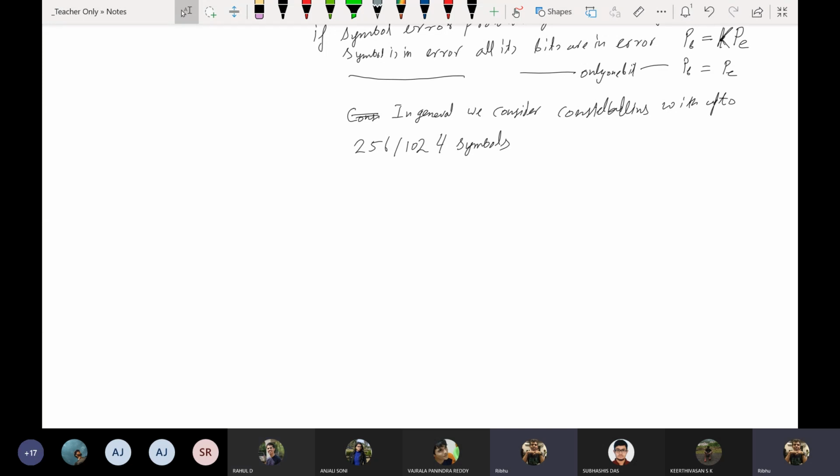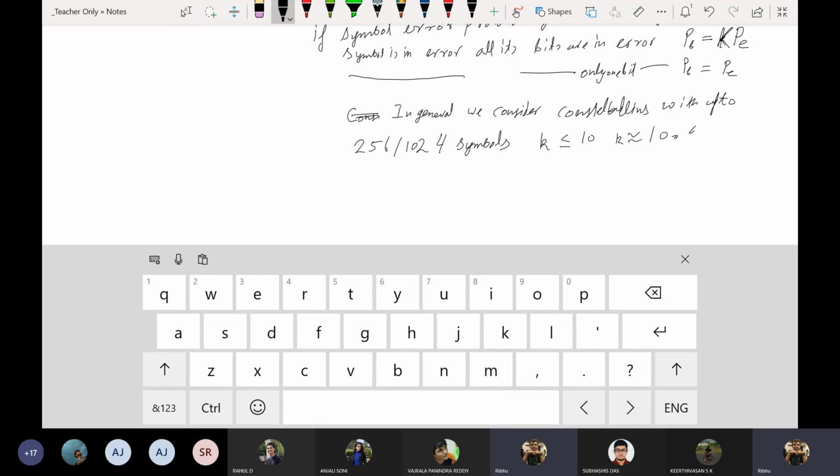So K is of the order of 10 at most. Whereas practically we like to operate at small PE.